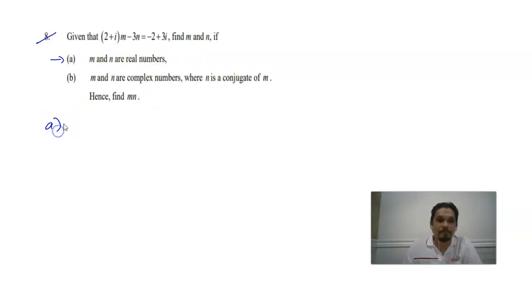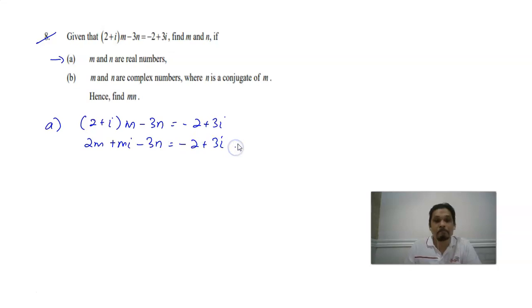For question 8, rewrite all these things here. 2 plus i multiplied with m minus 3n equal to negative 2 plus 3i. Now let's expand this. 2 times m, 2m, and i times m, mi, minus 3n equal to negative 2 plus 3i.